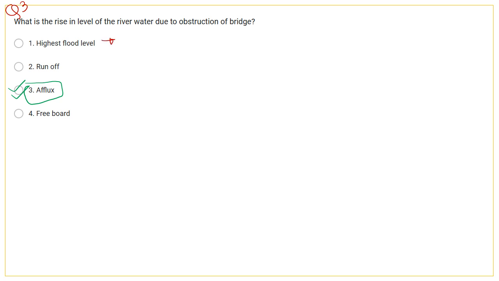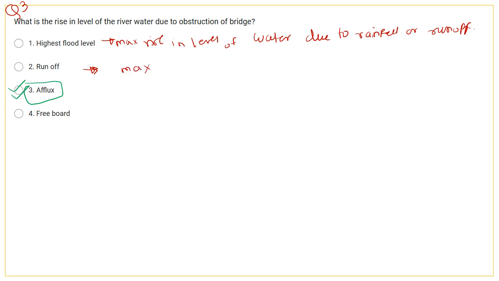High flood level is the maximum rise in the level of water due to rainfall or runoff. Then next, runoff is the maximum water that can be absorbed by a body or surface.